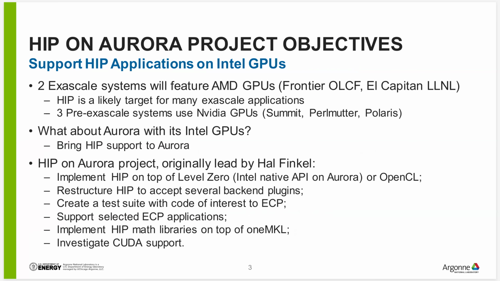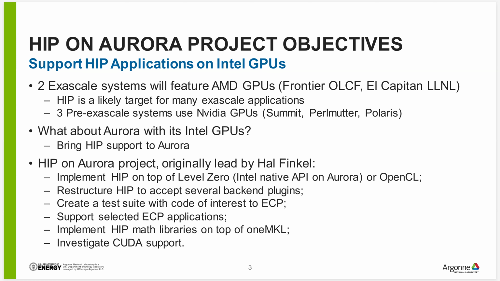So what are the objectives of our HIP on Aurora project here at Argonne? Of course, the goal is to support these HIP applications on Intel GPUs, but the reason for this effort is that two of the exascale systems feature AMD GPUs.